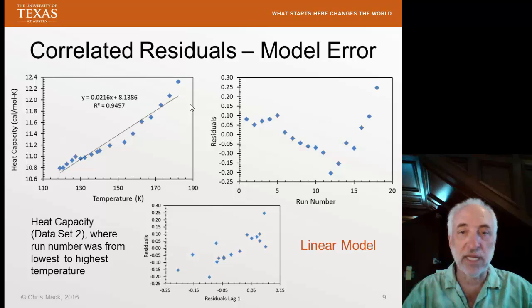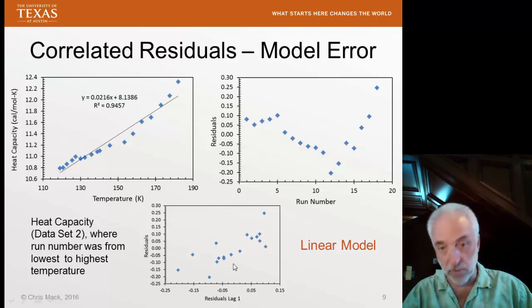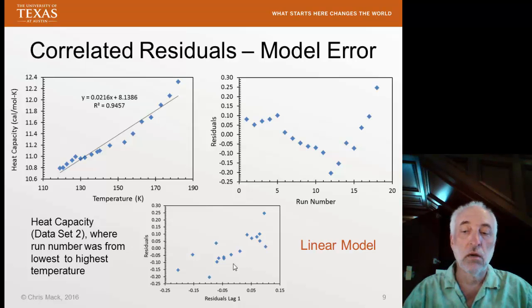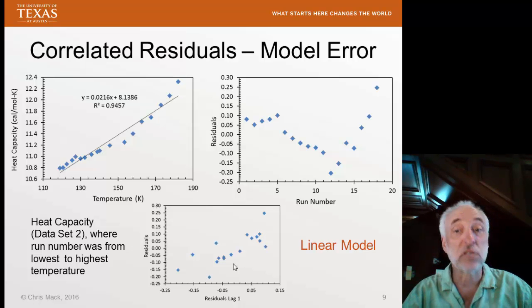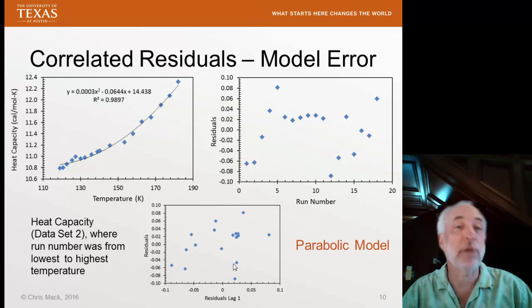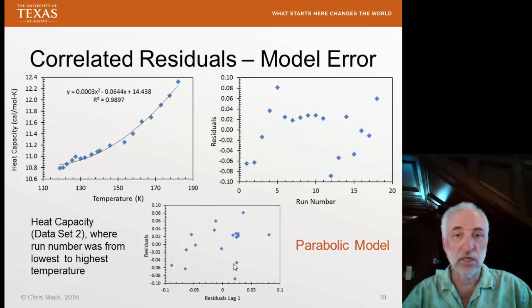And sure enough, when I look at the run plot, but most particularly in the lag plot, I see strong positive correlation. There is a systematic dependence of one residual on its previous value. That systematic dependence goes away if I use a parabolic model. So here's my parabolic fit.